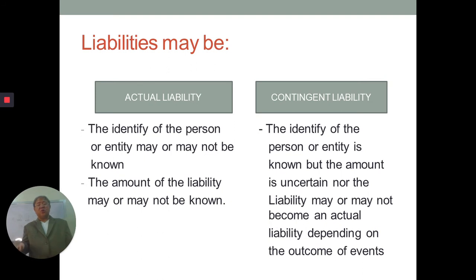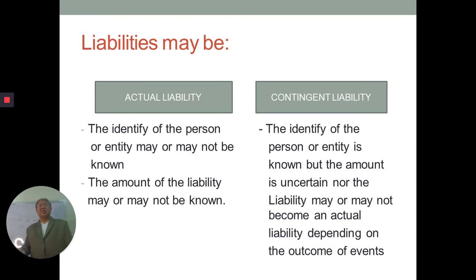Okay? So what are the examples of these types of liabilities? So you have your accounts payable to trade suppliers, you have your accrued expenses, say for example, to employees in the form of salaries, to banks in the form of interest, and all others. And then if you have, say for example, advances coming from related parties or officers, then those are actual liabilities.